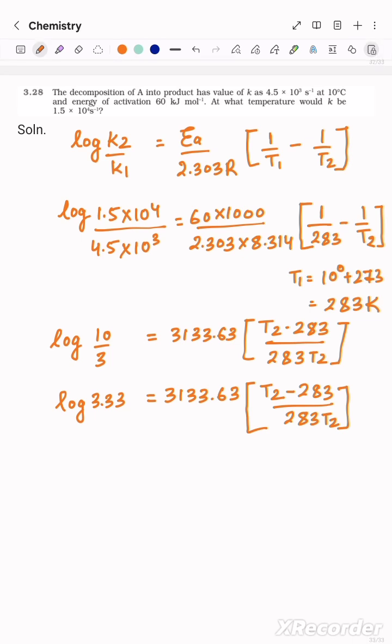Now log 3.33 value will become 0.5228 upon 3133.63 is equal to T2 minus 283 upon 283 T2.